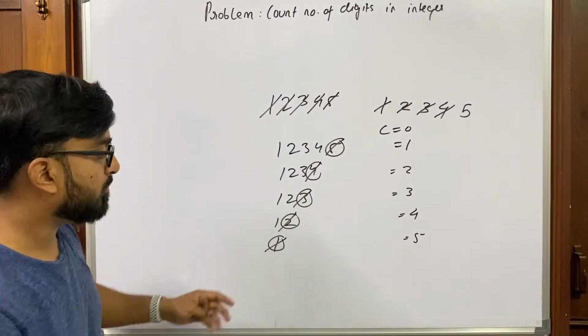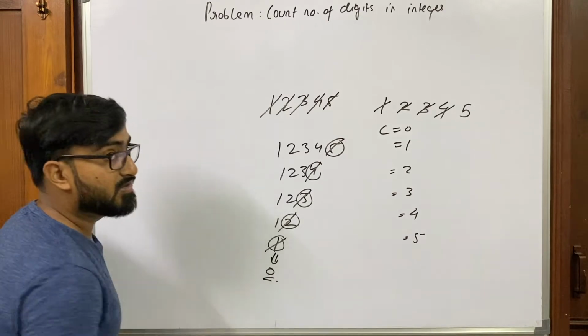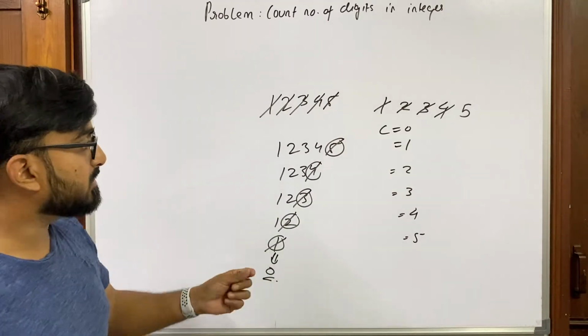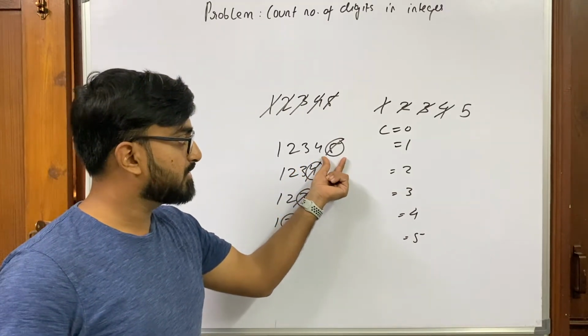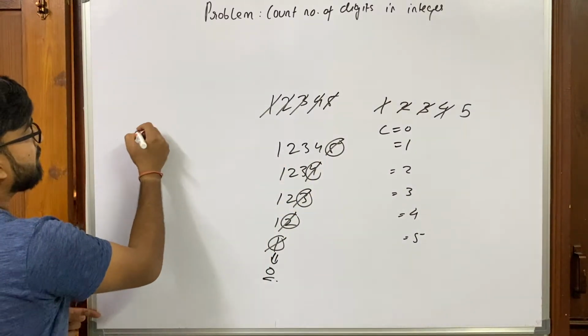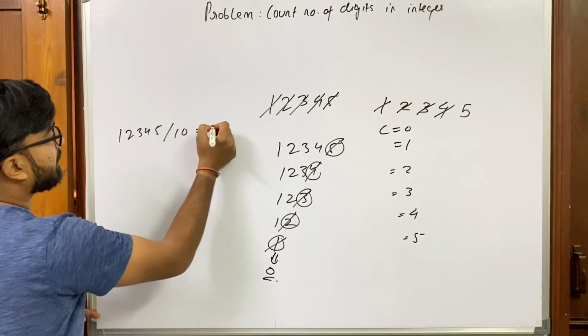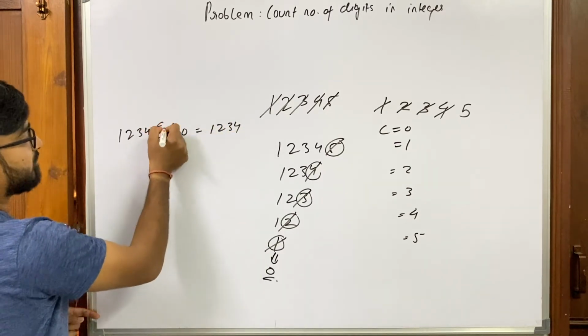So when do I stop? When this last digit is removed, I get a 0. We'll see how. Our first small challenge is how do we remove this units digit from this integer? We simply divide this integer by 10. If I do 1, 2, 3, 4, 5 integer division by 10, I get 1, 2, 3, 4 and this 5 is lost.